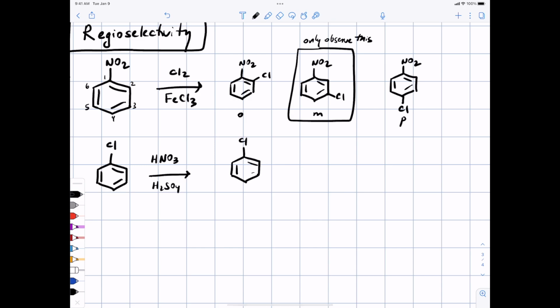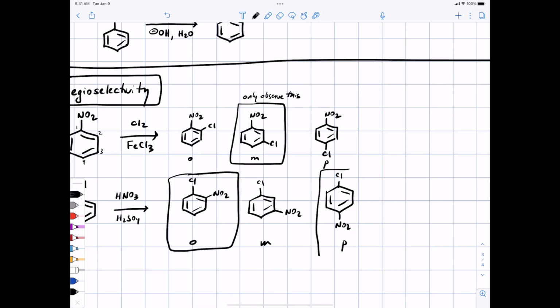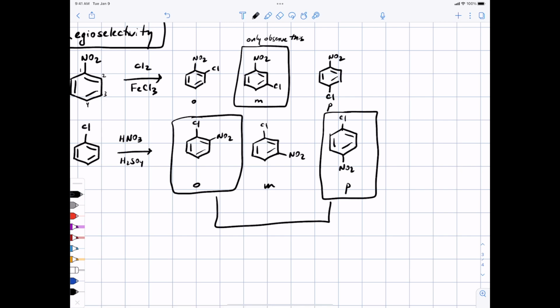I guess I'll draw them this way. Ortho, meta, and para. For chloro, we only observe ortho or para substitution. Okay, so there's a difference.